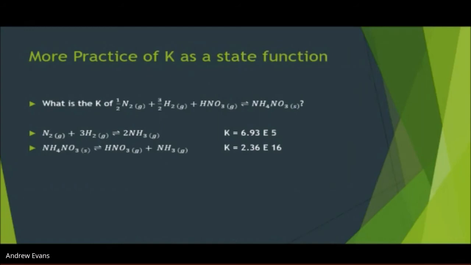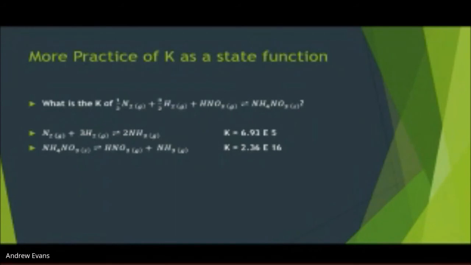So our N2 plus 3H2 goes to 2NH3, with a K of 6.93 times 10 to the fifth.